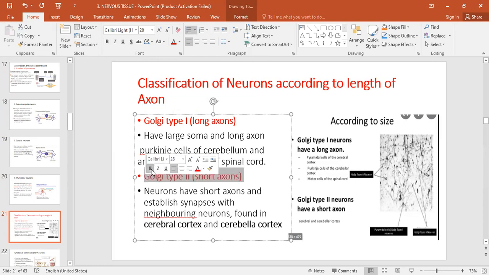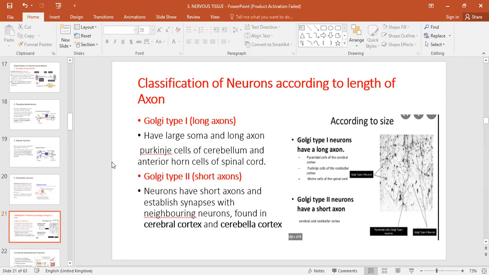Or you can simply say type 1 neurons and type 2 neurons. Where do we find Golgi type 1? So Golgi type 1 neurons are found in the cerebral cortex, what we call gray matter. So the brain has Golgi type 1. Then in white matter, we can find Golgi type 2 and also in the spinal cord.